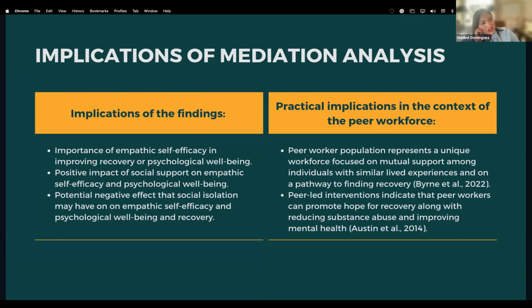And so some of the implications from this analysis for the peer workforce is that the peer workforce represents a unique population, and that mutual support aspect and connectivity about lived experiences can be tested as being positive for recovery, meaning that it could help find a pathway to recovery, which is some of the implications from the analysis, which I thought was really interesting.